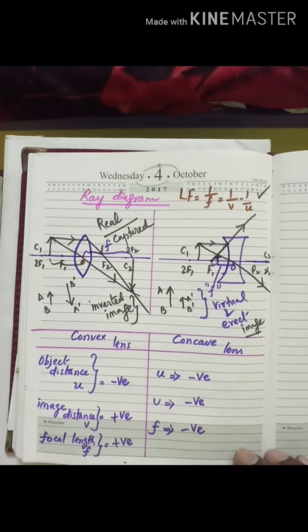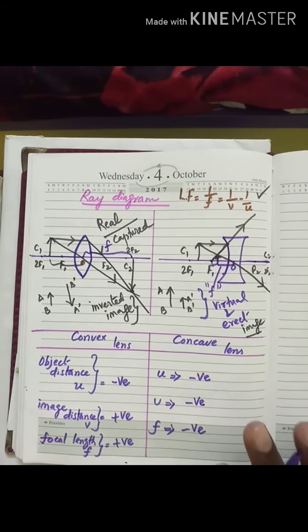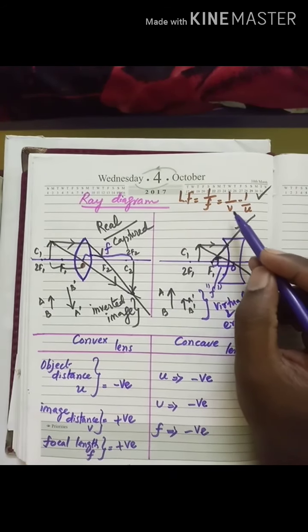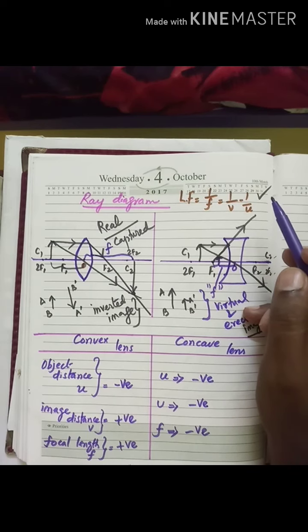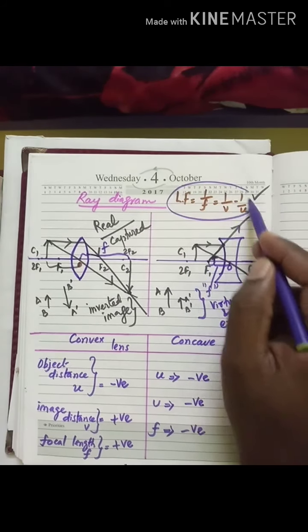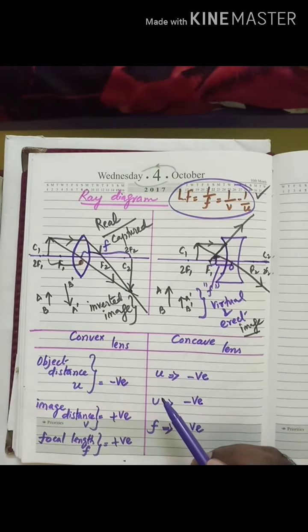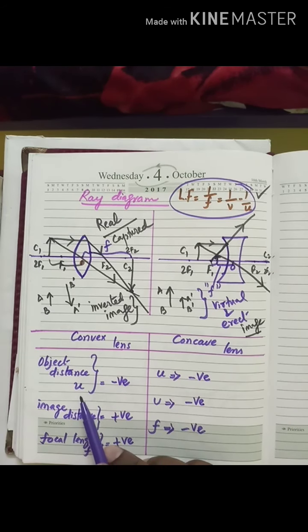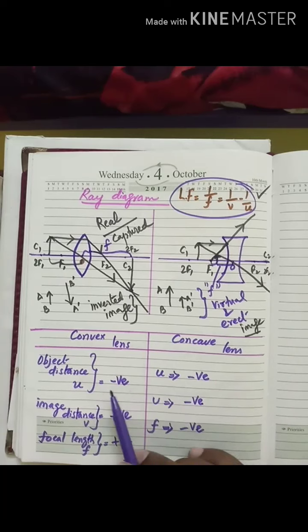So the thing to be noted here is that while you are calculating focal length or image distance or object distance with the help of this lens formula, you have to keep in mind that the object distance is negative for both concave lens as well as convex lens.